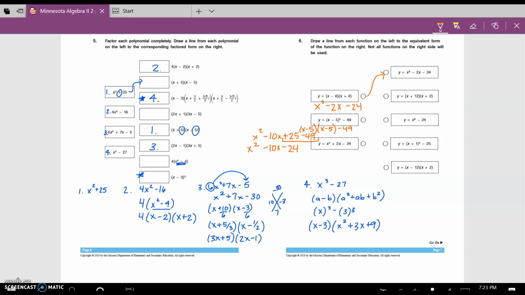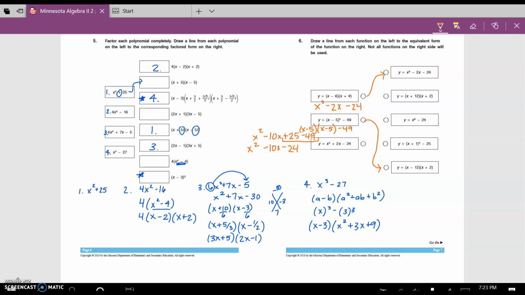Or it might end up to negative 24, but let's look at this one. I have negative 12 times positive 2, which is negative 24. And then if I add them, I would have negative 12 plus 2, which would be negative 10. So this one is going to be my answer. Okay, because my factors are going to add up to get what I need.